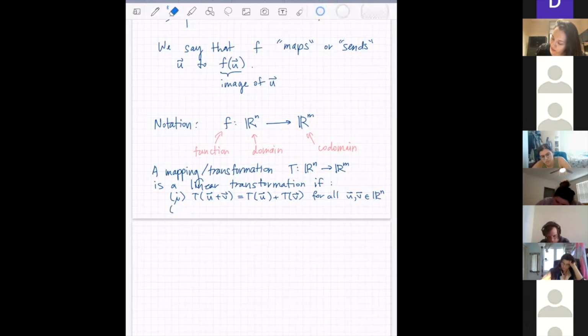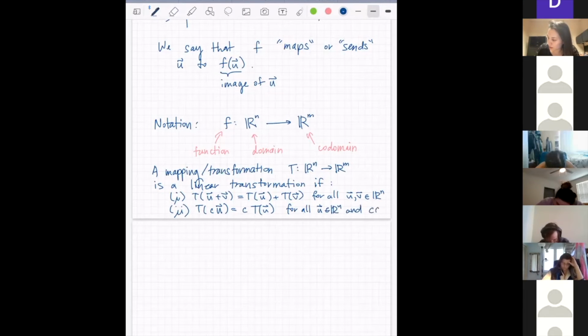And number two is that T applied to a constant times U is equal to that constant times T of U, for all vectors U in Rn and constants C, or scalars.